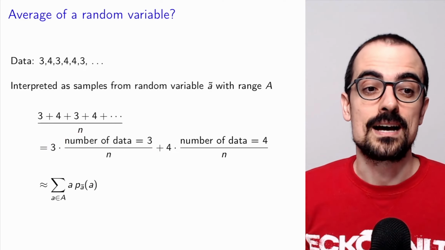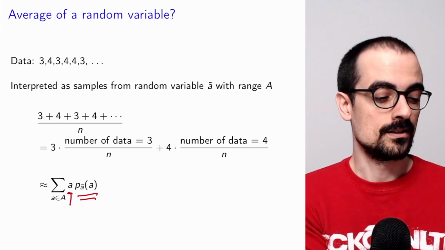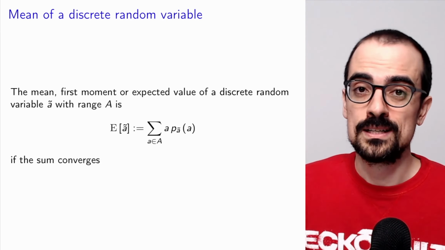So we obtain a formula for the average of a random variable where we sum over its possible values weighted by the corresponding probabilities. And this is how we define the average or mean of a discrete random variable. It's defined so that in a way it represents what we would get if we compute the average of many samples from the random variable.